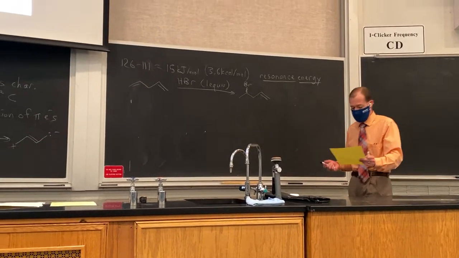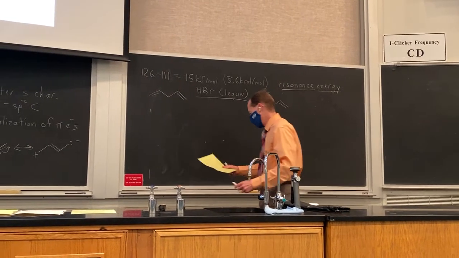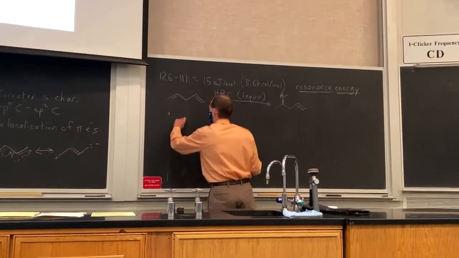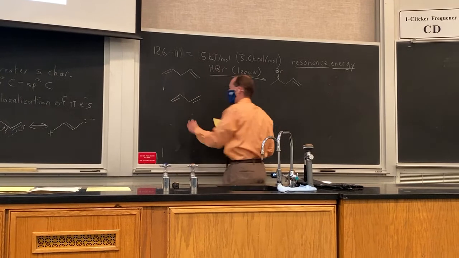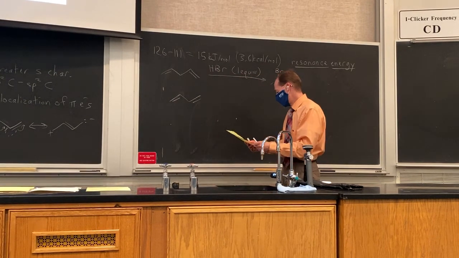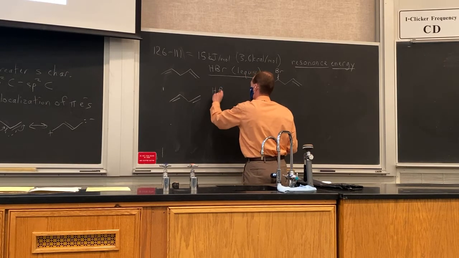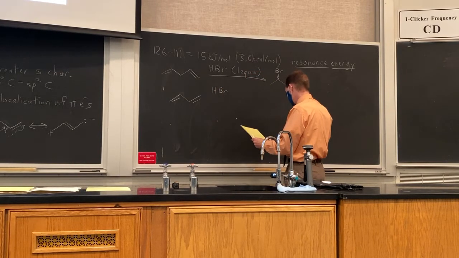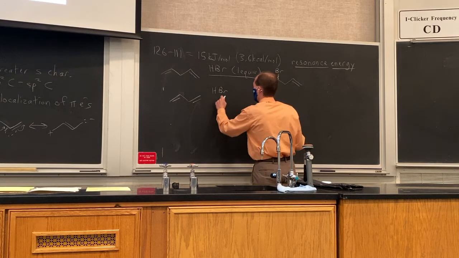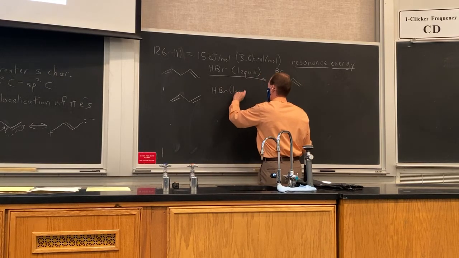If we perform the same reaction with a conjugated diene, the outcome is different. We obtain two different constitutional isomers, and the major product differs depending on the temperature of the reaction.